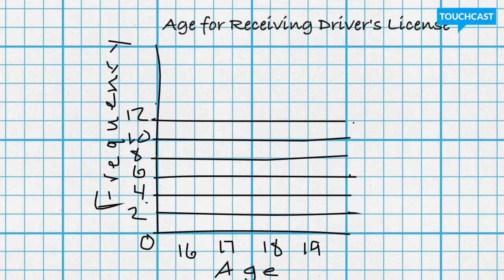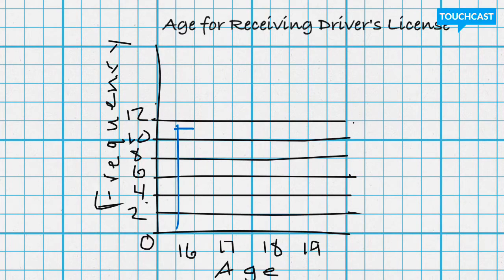So, 16. If we look back at the frequency table we made, that happens 11 times. So we're going to go to 16, and we're going to draw a line up to where we think 11 would be. That's about between 10 and 12.